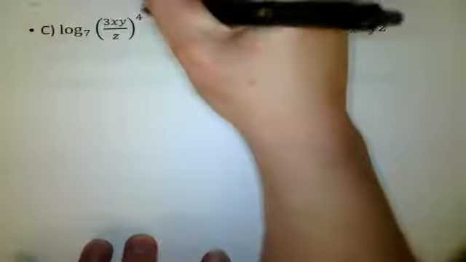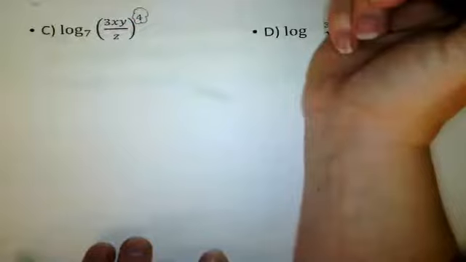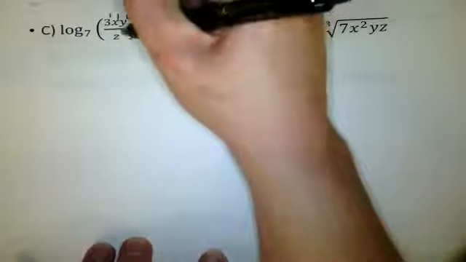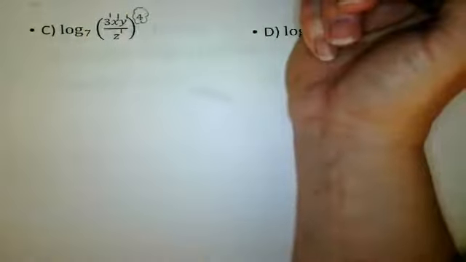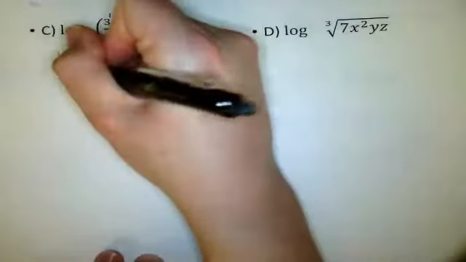So my first question to you is, what is this 4 affecting? Everything in parentheses. And remember, everything always has its own little exponent: 3 to the first, x to the first, y to the first, z to the first, okay? And since this 4 is affecting everything, we have to share that power with everything.